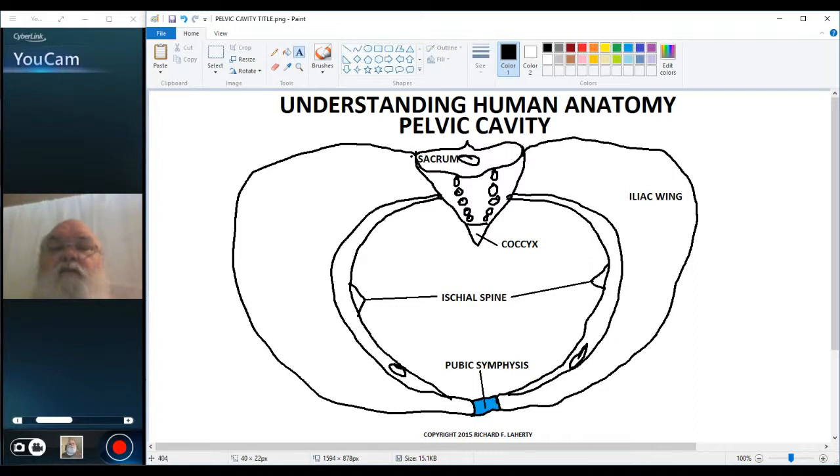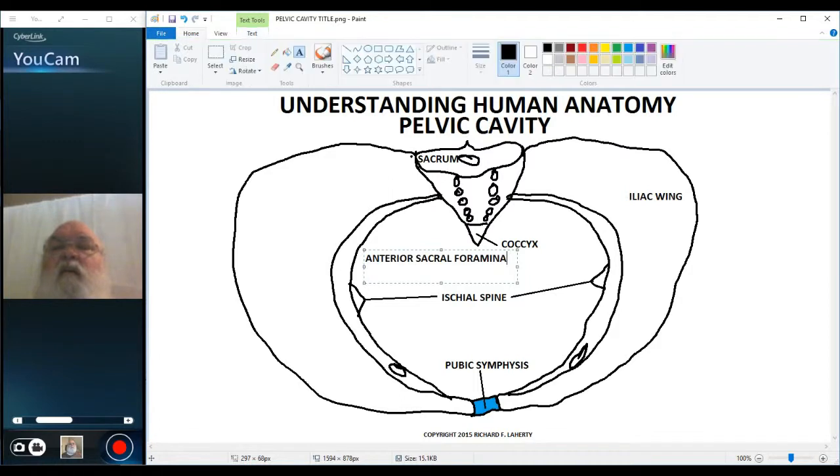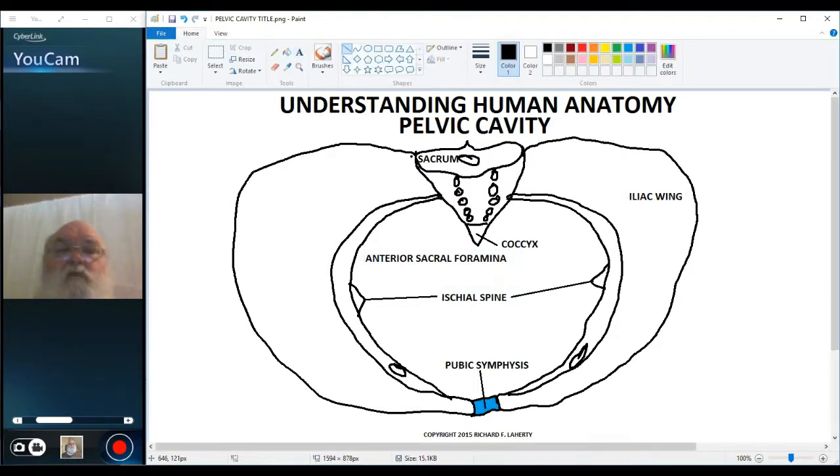We have the anterior sacral foramina. And we'll draw some lines to those.